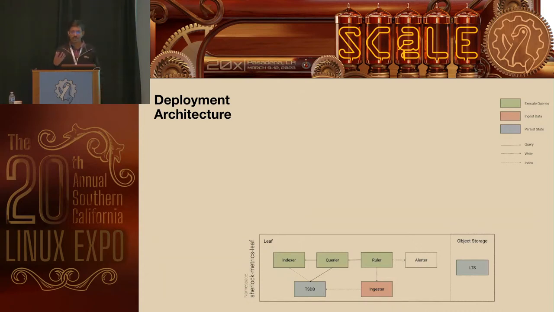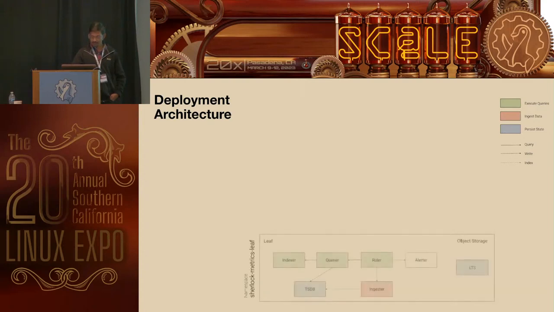The easiest way to do that would probably be to hook into the series lifecycle callback, where every time a new series is seen, you take all the labels and apply your algorithm to generate the index hints. You'd have the ruler, which is used for recording rules, the alerter to do the alerting, and also an object store for long-term storage. In this case, this is nothing but Thanos.